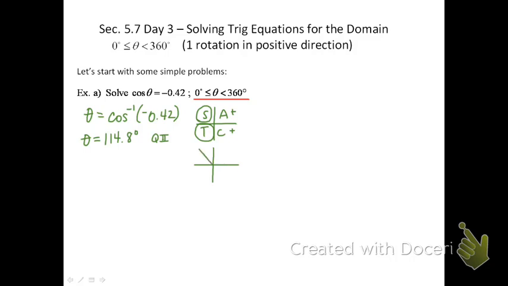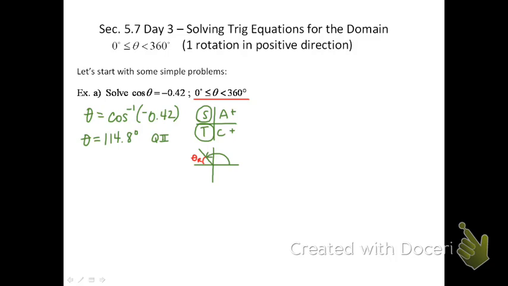Now, this is what's happening here with that angle. You found the angle 114.8 degrees coming around from the positive x-axis. But what we're really going to need then to work into the third quadrant is this reference angle.